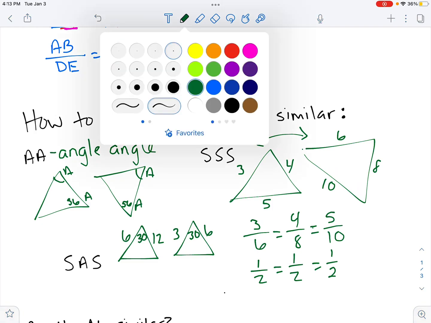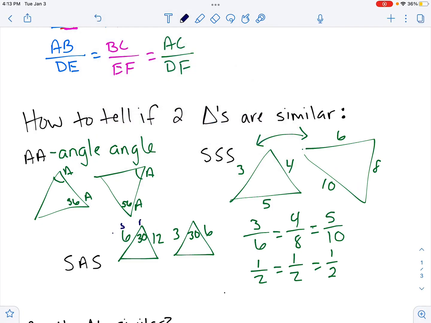Well, I can see that I should have side angle side, but are my sides proportional? We have to check it. So smallest side over smaller side, bigger side over bigger side, and simplify. Those come down to the same scale factor. So yes, we do have two similar triangles by side angle side.